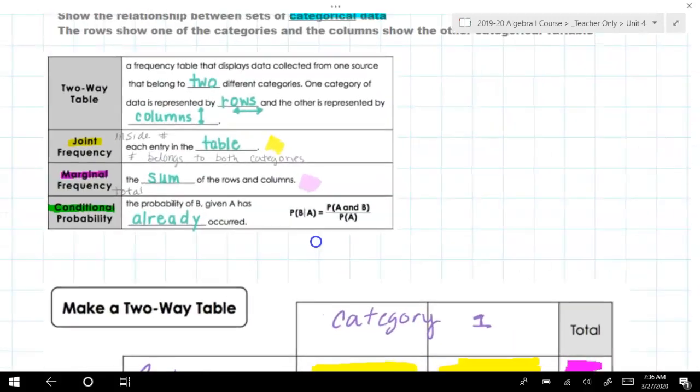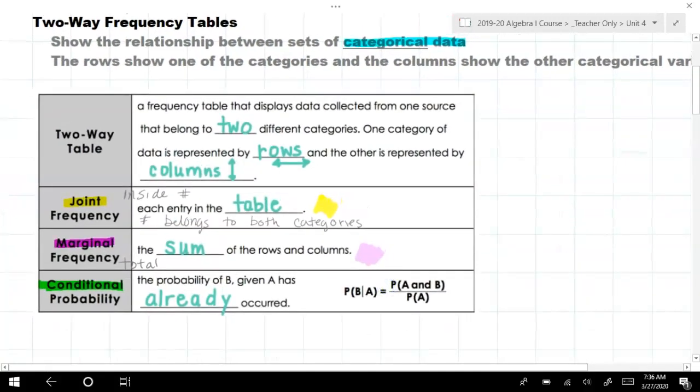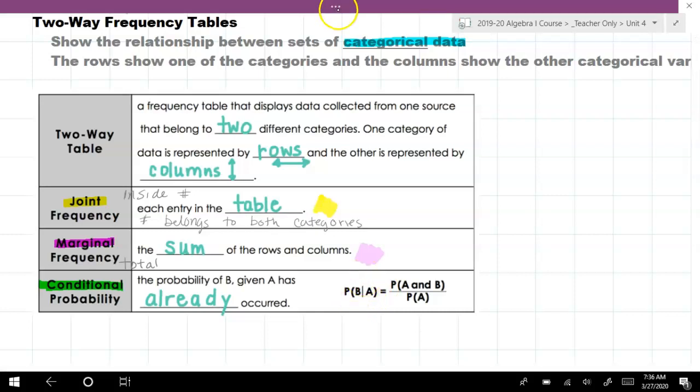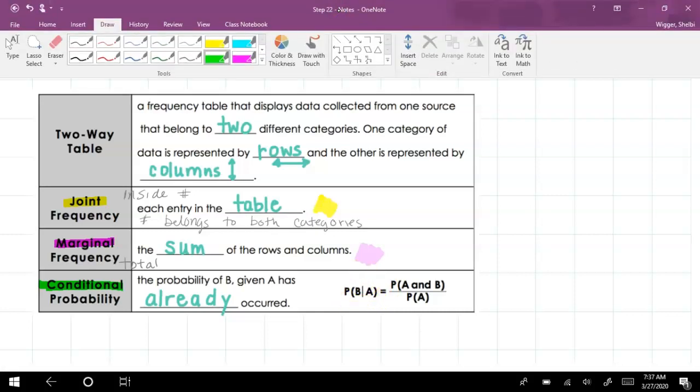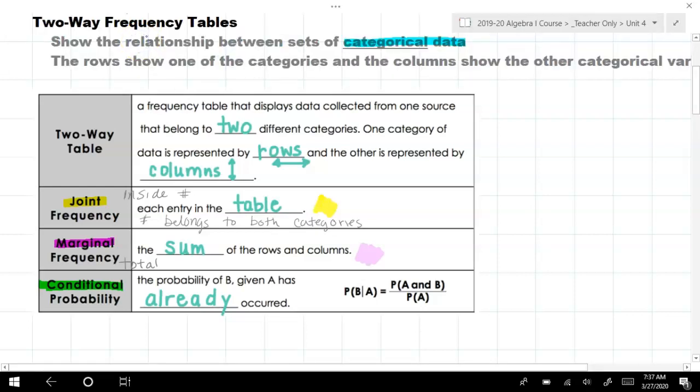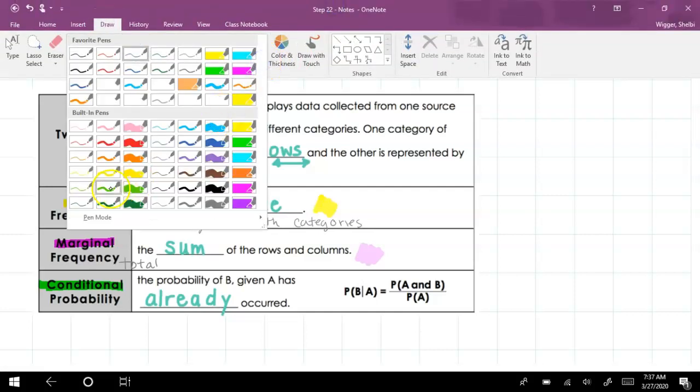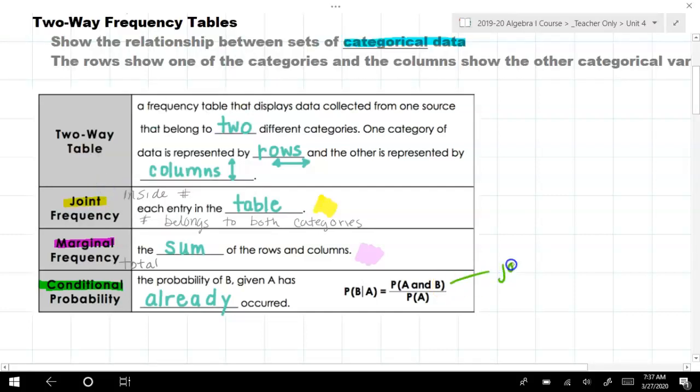So this will make more sense in practice than in formula, but the formula is the probability of B given that A already occurred is the probability of A and B occurring, so that's a joint frequency number, because it has to belong to both categories, divided by the probability of A, and the probability of A is the given piece.